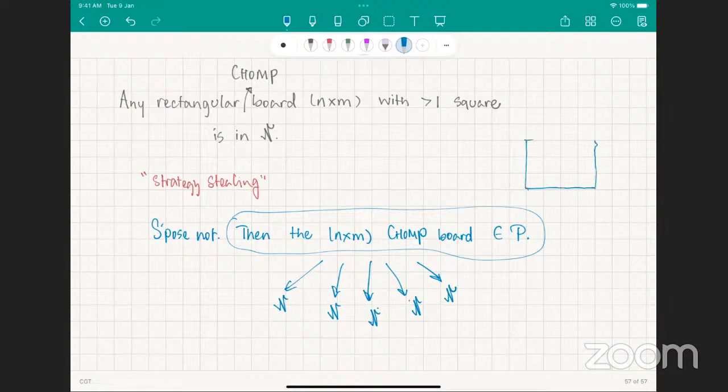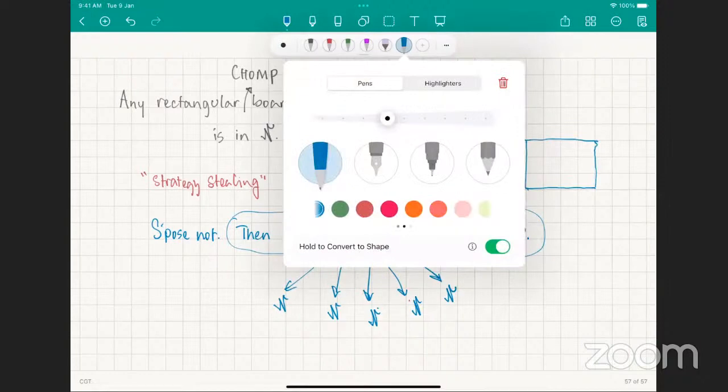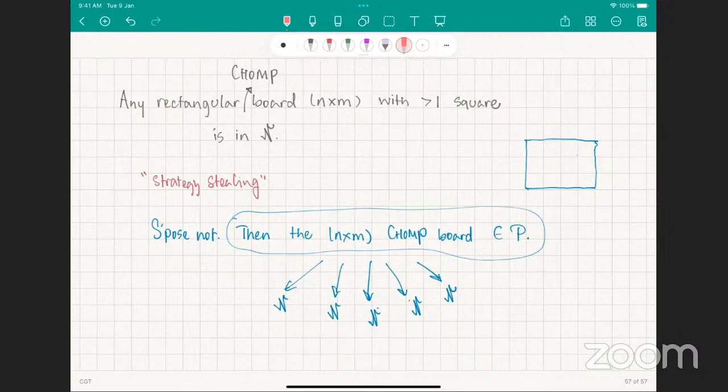So in particular, think about the specific move where the first player says, I'm going to eat up the top right square alone.